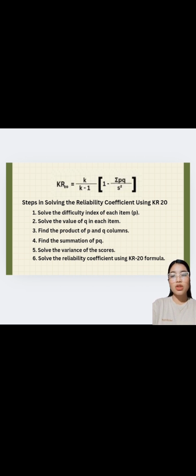Number 1, solve the difficulty index of each item, or P. Number 2, solve the value of Q in each item. Number 3, find the product of the P and Q columns. Number 4, find the summation of PQ. Number 5, solve the variance of the scores. And the last step is to solve the reliability coefficient using the KR20 formula.